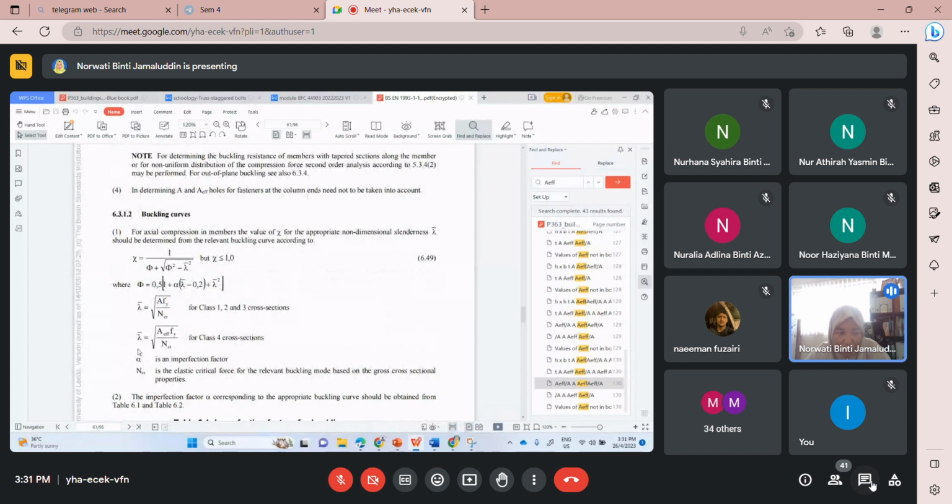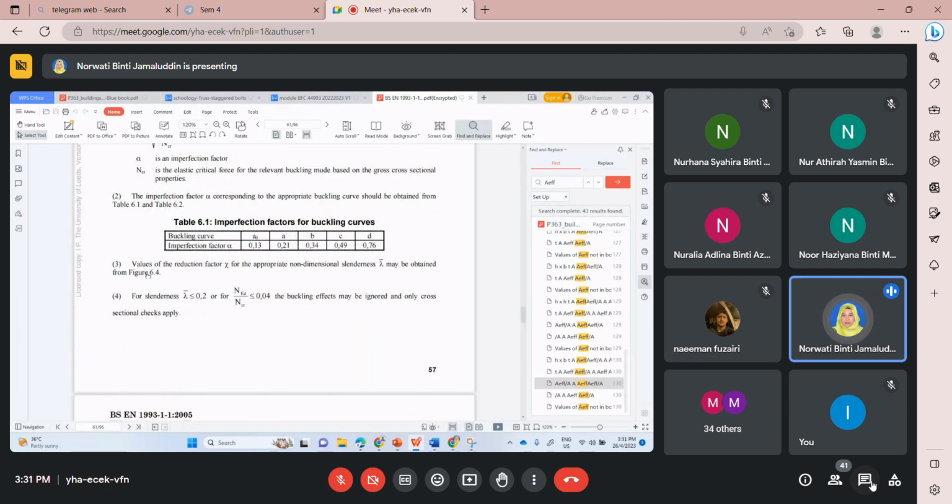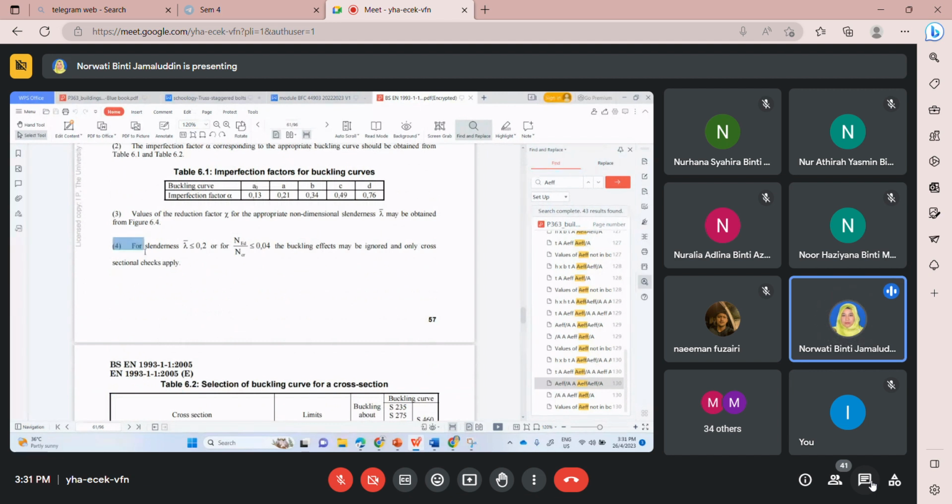By performing all the formula, by calculating all the values from this formula, or you can use figure 6.4. The other information here says that for slenderness, lambda bar less than 0.2, or the ratio of NEd to NcRd less than or equal to 0.04, the buckling effect may be ignored.